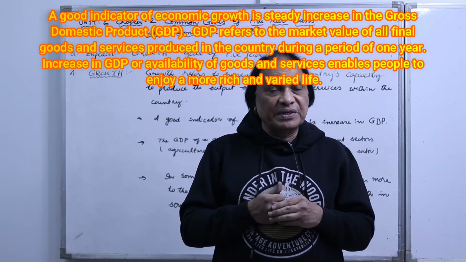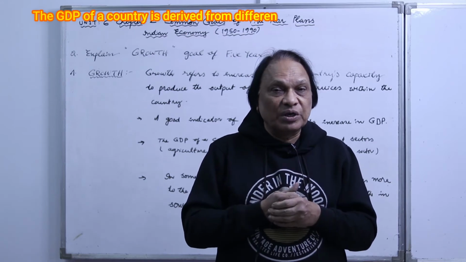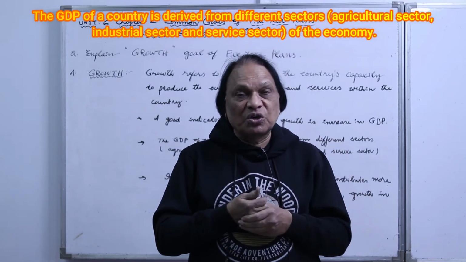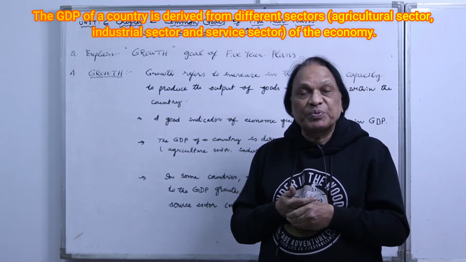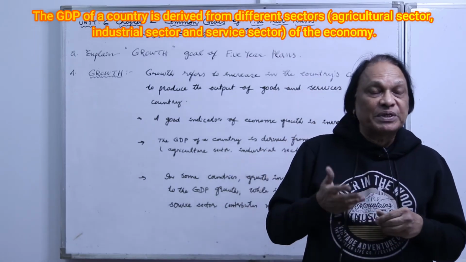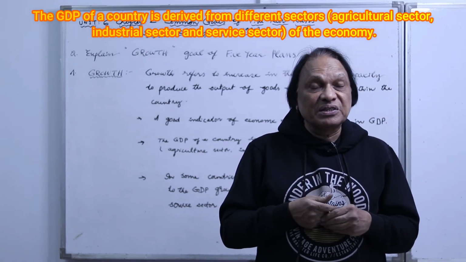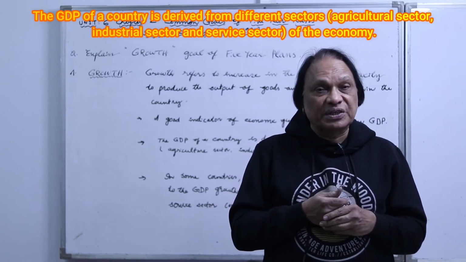When the GDP increases, obviously growth has taken place in the economy, because there is production of more goods and services. GDP growth can take place when we produce more goods in the primary, secondary, or tertiary sector, the agriculture, industrial, or service sector, any of these sectors.